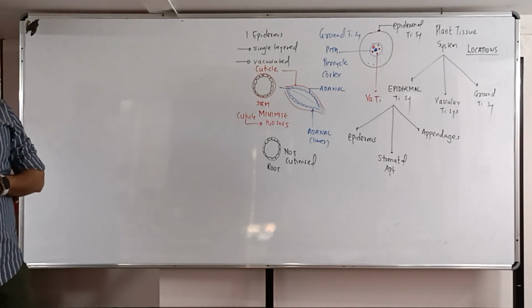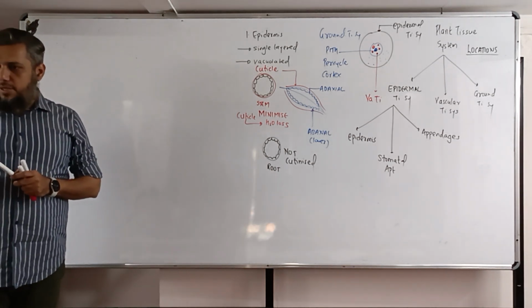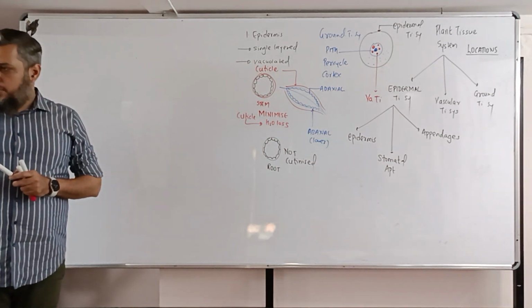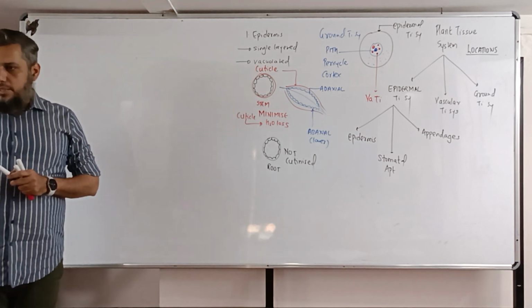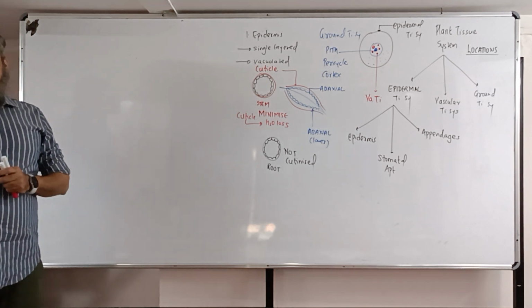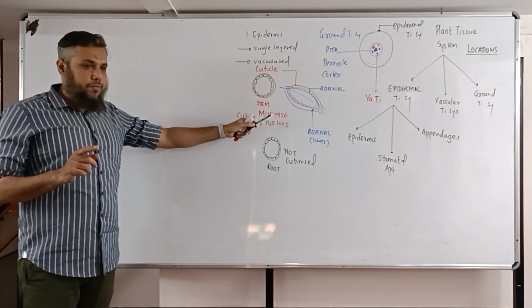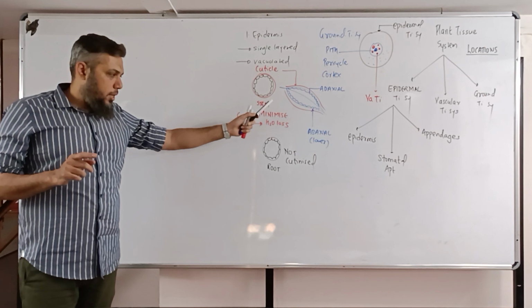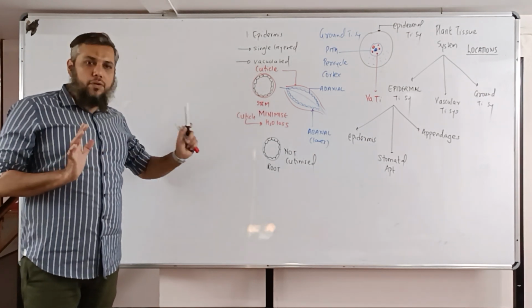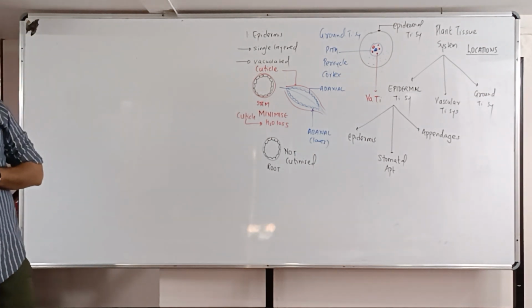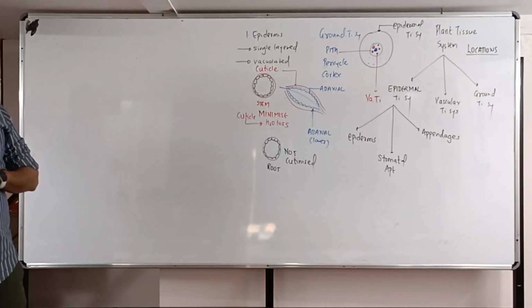Epidermis is a single layer, and they are parenchymatous cells. In the case of stem and leaf, they show the presence of a cuticle, and they are non-cutinized in the case of a root. Because the root requires to absorb the water, it is under the soil, so the loss by transpiration is not there.